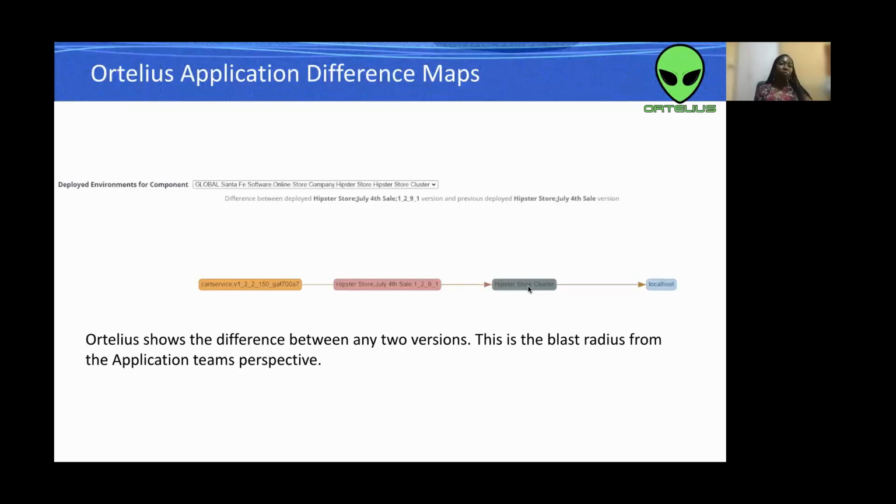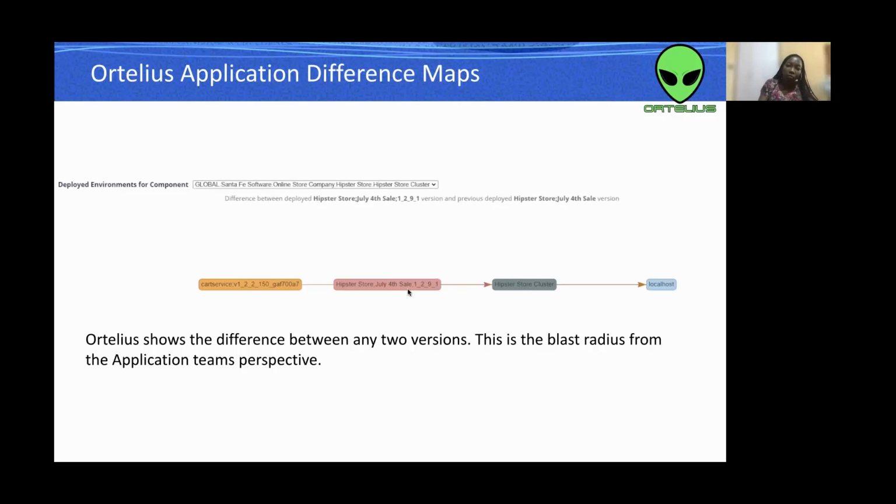Also, Ortelius shows the difference in an application. If a service is updated in an application, you can easily track the service that was updated. So here it shows that we previously had Hipster Store cluster, then we had Hipster Store July 4th sale.